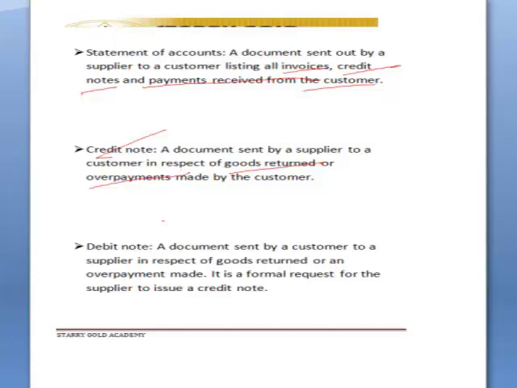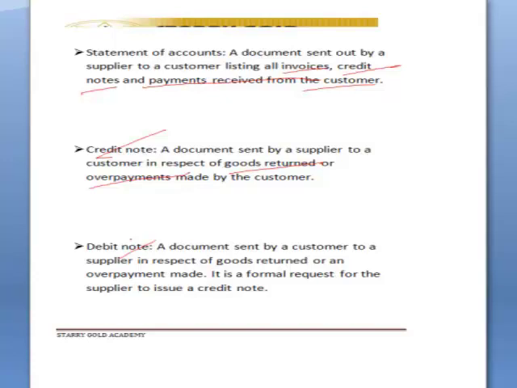A debit note is a direct opposite of a credit note. A debit note is a document sent by the customer to a supplier in respect of goods returned or an overpayment made.